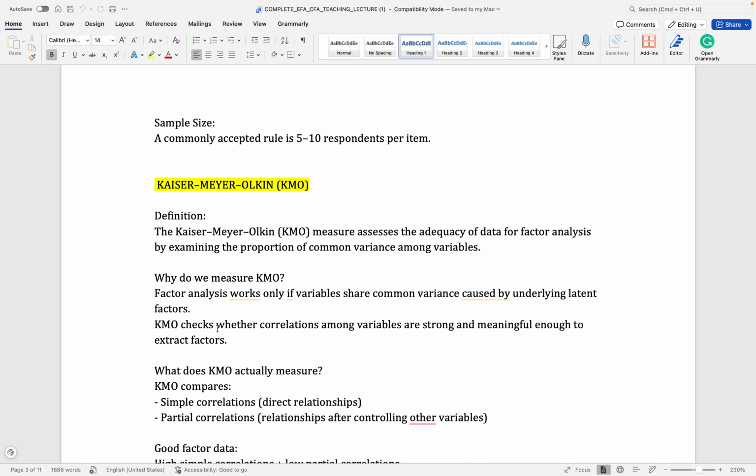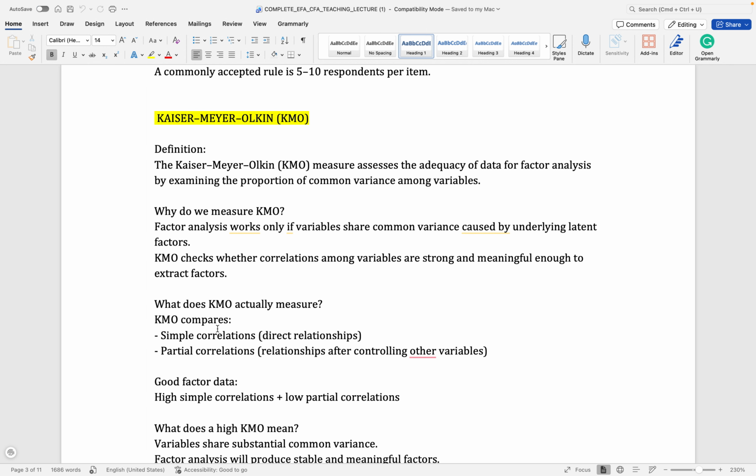In factor analysis, first we check KMO. What is the KMO? KMO is a measure that assesses the adequacy of the data for factor analysis by examining the proportion of common variance among variables. Why do we need to measure KMO? Factor analysis works only if variables share common variance caused by underlying latent factors.